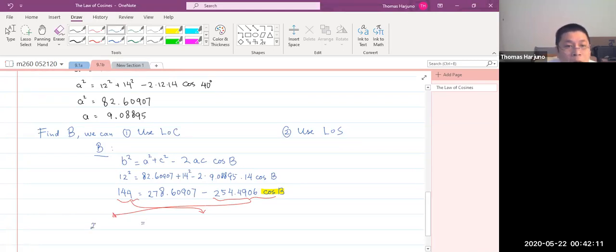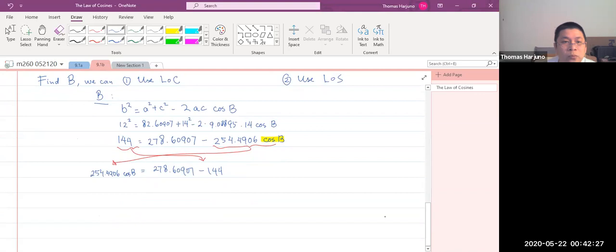So this will be 254.4906 cosine B equals 278.60907 minus 144. That's 254.4906 cosine B equals 134 something.